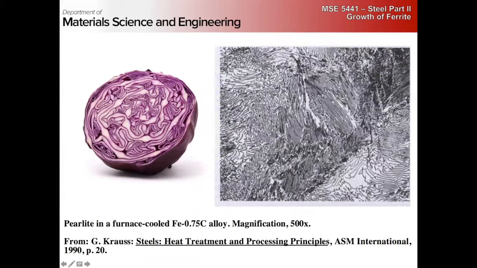But if you have a colony of ferrite that nucleated here and one that grew here, and they impinge together, it's going to be a general high-angle grain boundary between them. But it'll be more complicated than a regular grain boundary because you'll have cementite regions and ferrite regions, right?